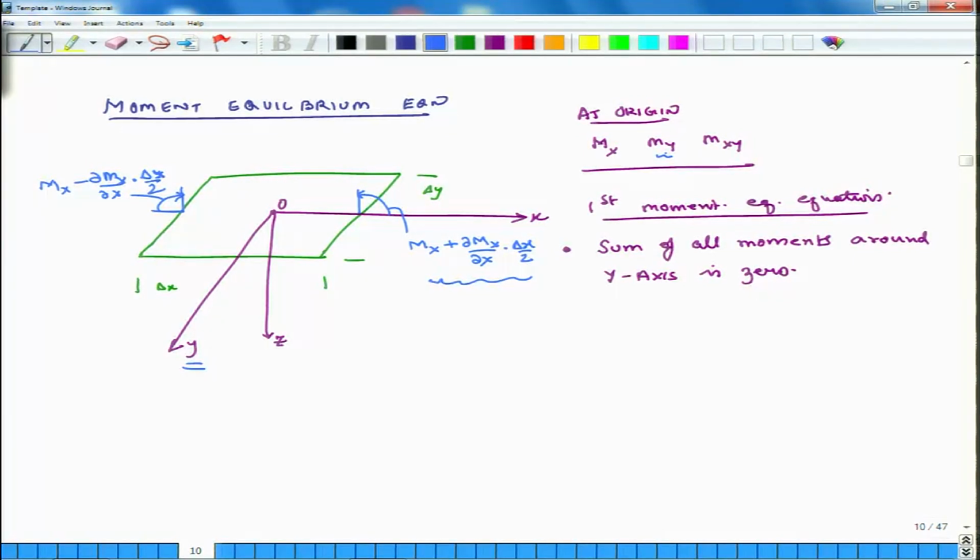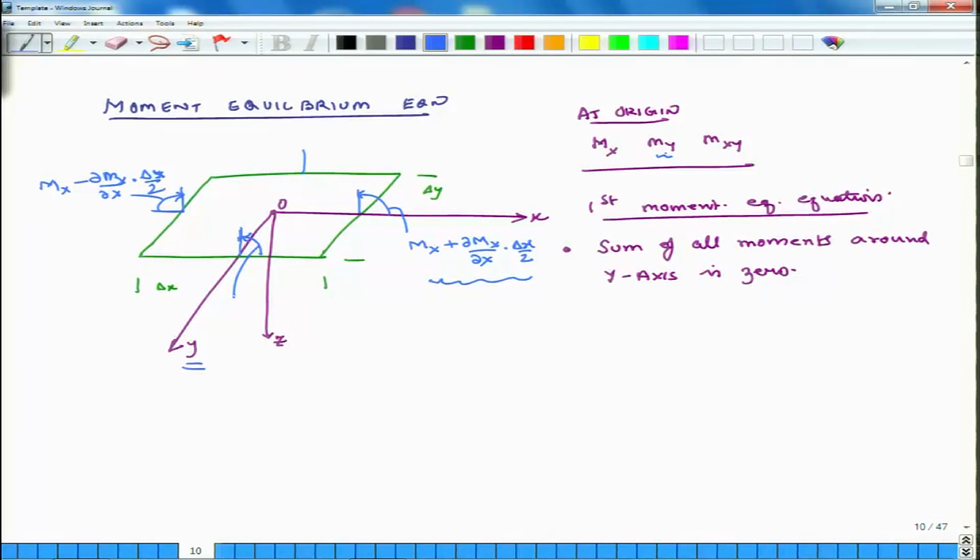The other moment which causes it to rotate around the y axis, I will draw it, is Myx. So, this is Myx, and this Myx is caused because of sigma yx or tau yx.